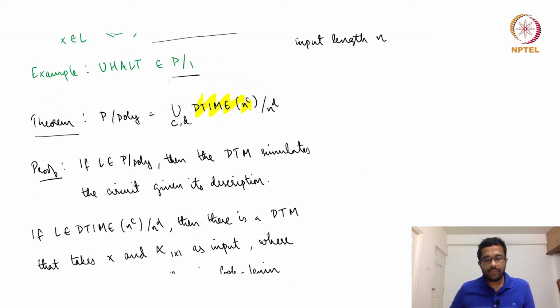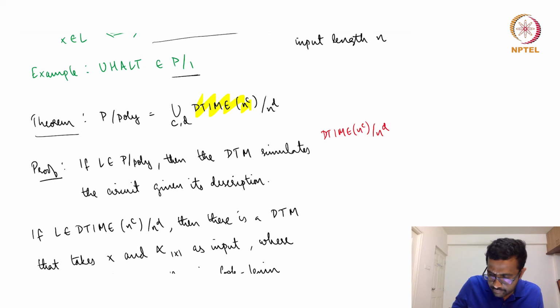Suppose L is in P/poly, which means there is a polynomial size circuit family that decides L. Now why is it in DTIME(n^c) / n^d?